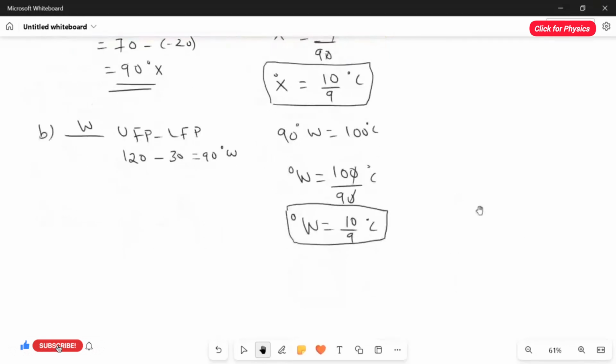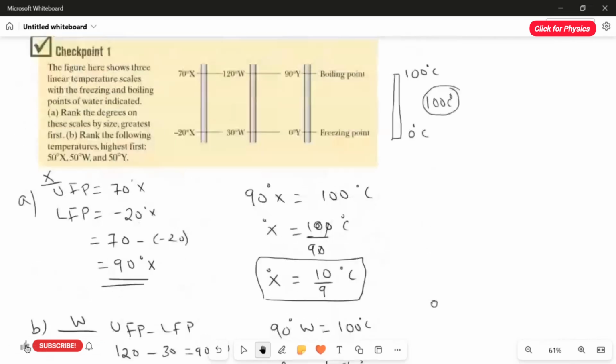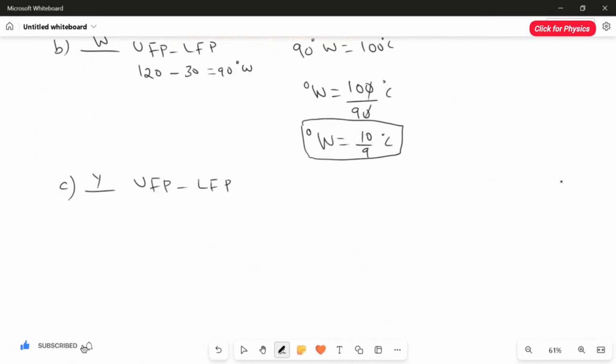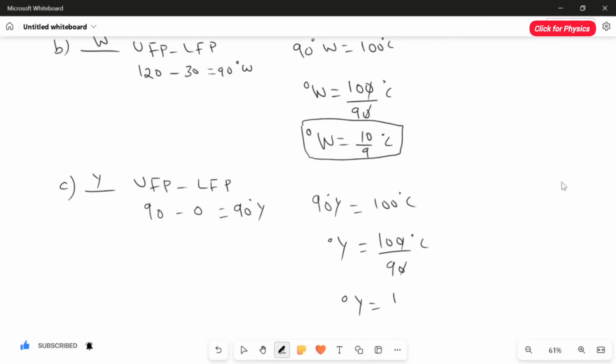Let's do the same thing for the third scale, the Y scale: upper fixed point minus lower fixed point. The highest fixed point is 90 and the lowest is 0. So 90 minus 0 gives 90 degrees Y. So 90 degrees Y is equal to 100 degrees Celsius. Therefore 1 degree Y is equal to 100 over 90, which is 10 over 9 degrees Celsius.